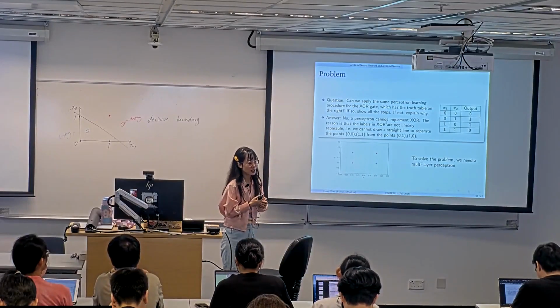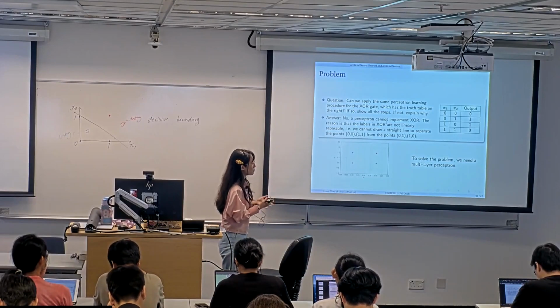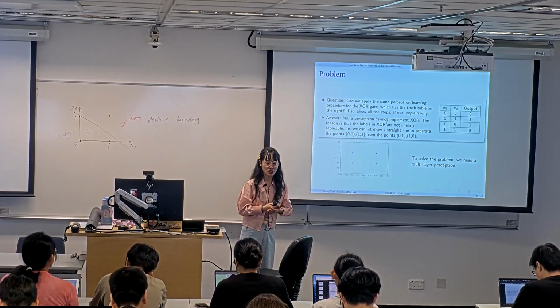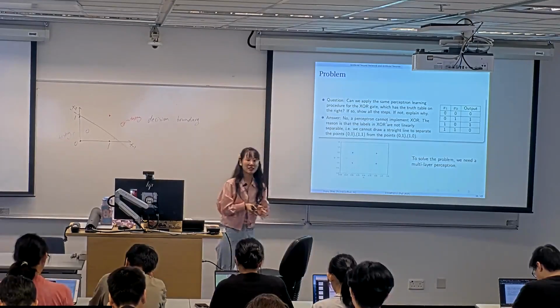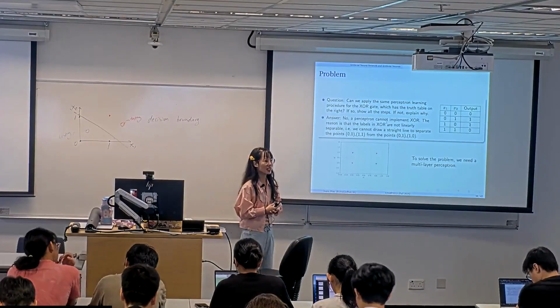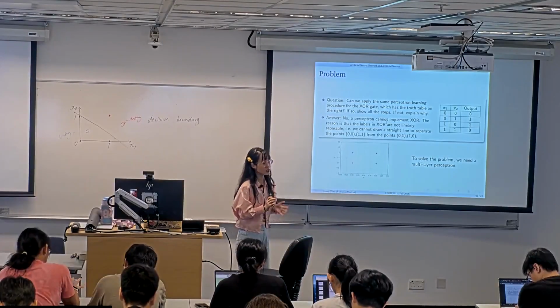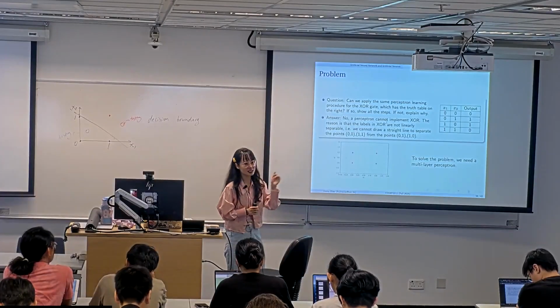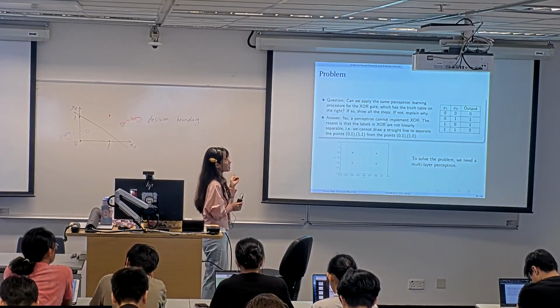Actually, no. A perceptron cannot implement this logic relationship. No matter how many epochs you try, your perceptron never converges. No matter which initialization you try, your perceptron never converges for this data set. The reason is that the data itself is not linearly separable.